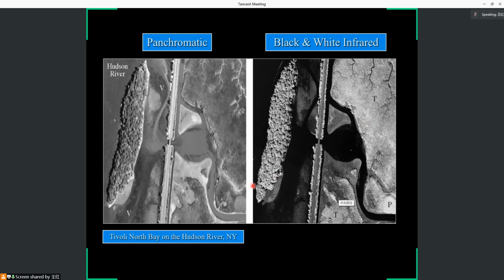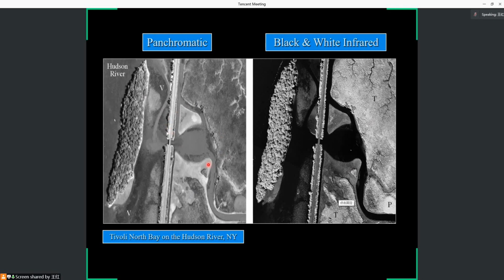And for the image, sometimes we use different bands, and there is also a panchromatic band. Panchromatic band means the wavelength is wider, maybe covering two or three bands, but its spatial resolution is high.